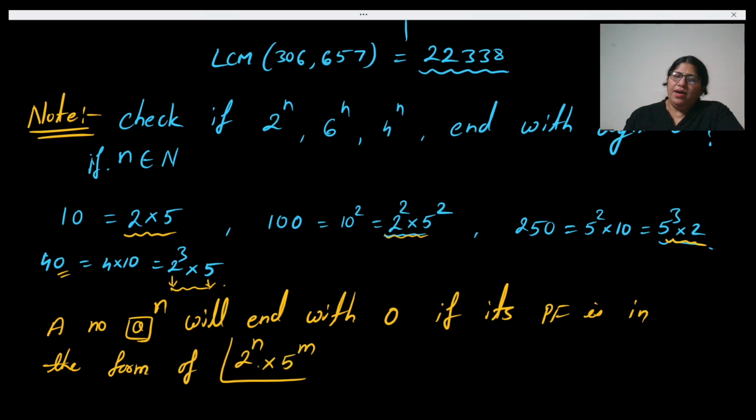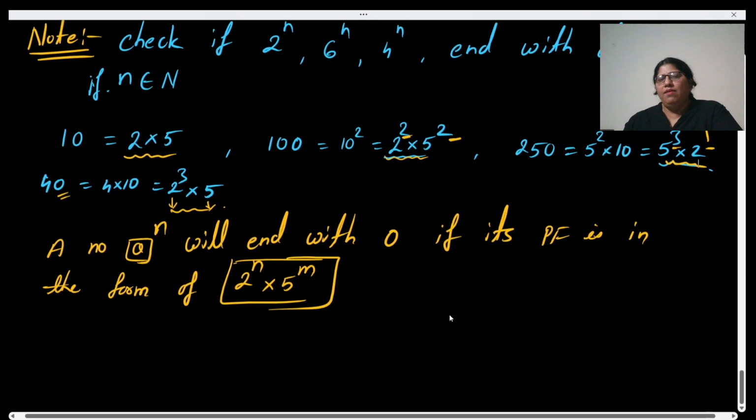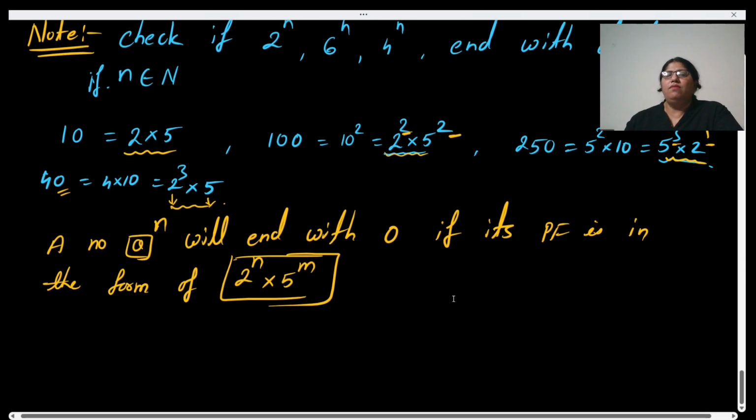Why am I writing this? Because in every case here, if you'll see, the m and n are the same, but in this case m and n are different. The powers can be the same or different, but if the prime factorization has 2 and 5, 2 to the power n and 5 to the power m, it will always end with 0.